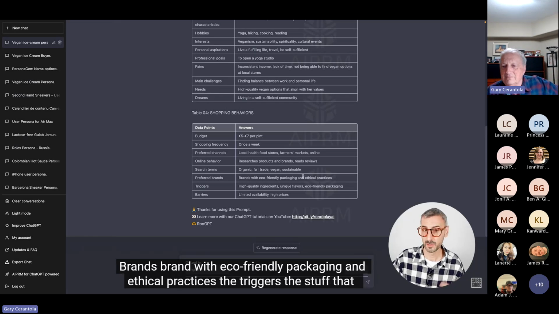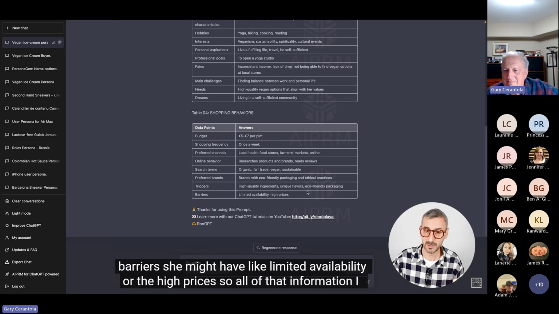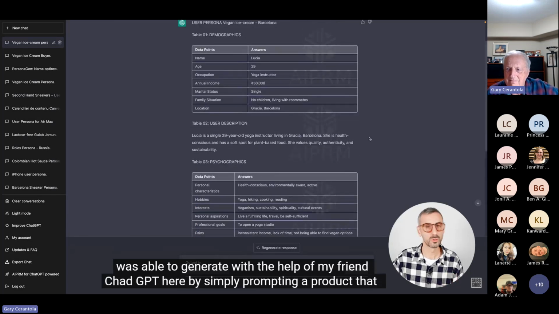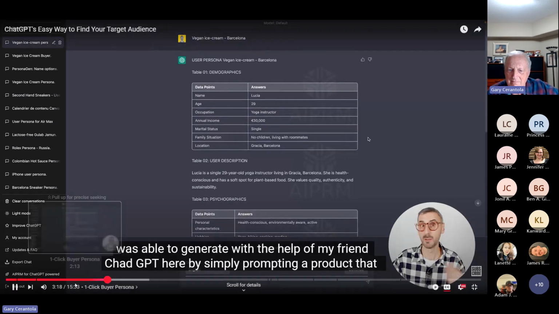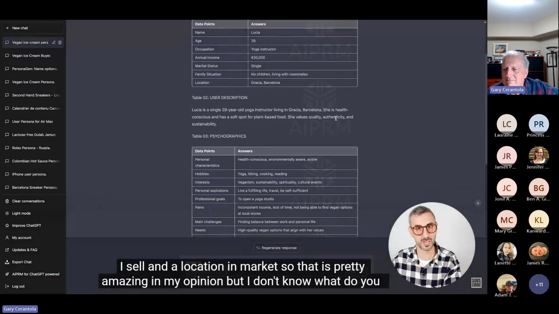Preferred brands, brands with eco-friendly packaging and ethical practices. The triggers, the stuff that makes her buy the products: high quality ingredients, unique flavors, or eco-friendly packaging. And some barriers she might have, like limited availability or high prices. So all of that information I was able to generate with the help of my friend ChatGPT here by simply prompting a product that I sell and a location, a market.